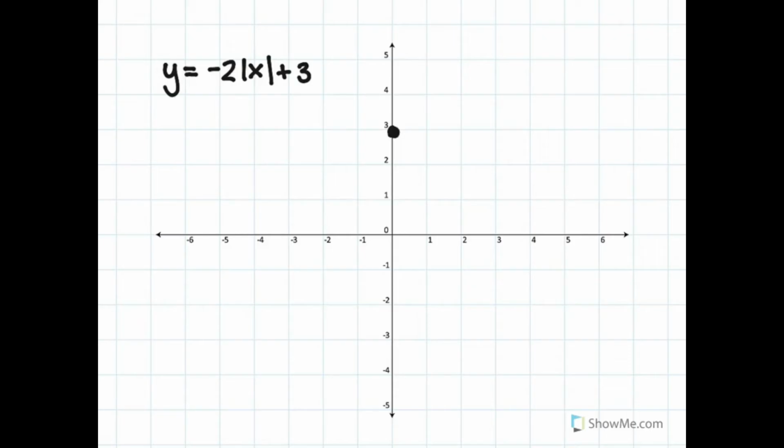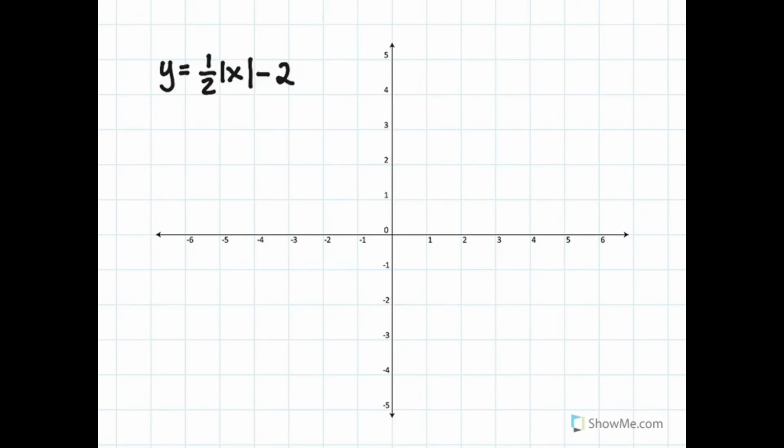That means I go down 2 over 1, and it's going to be positive 2 on the left, so the other side of the V. And I've graphed that equation just by understanding what the constants do to the basic graph.